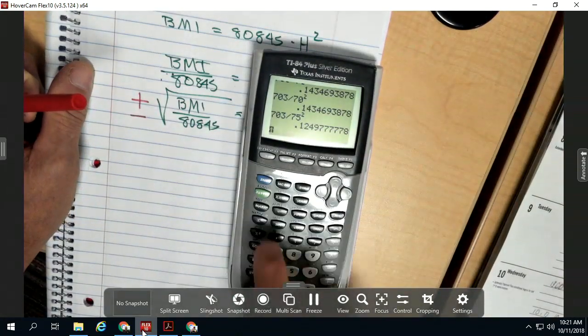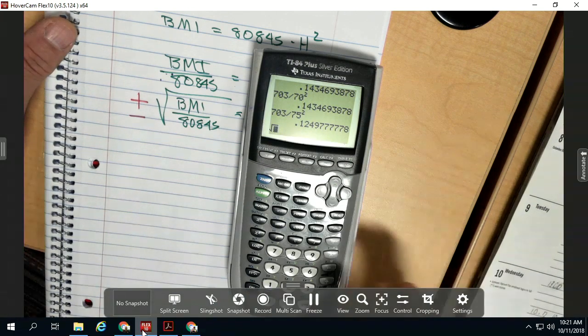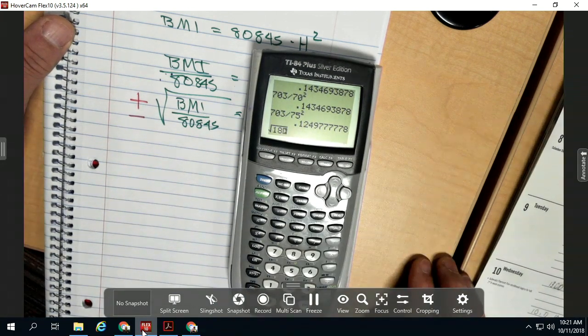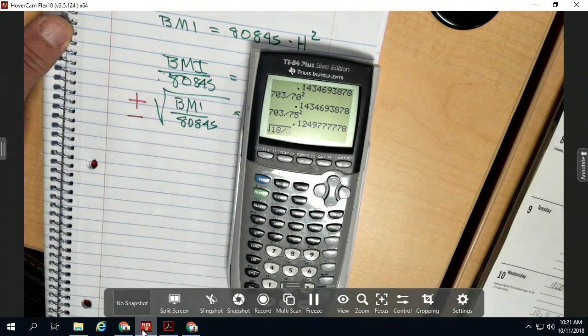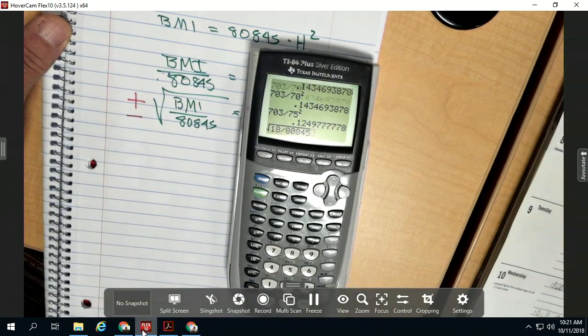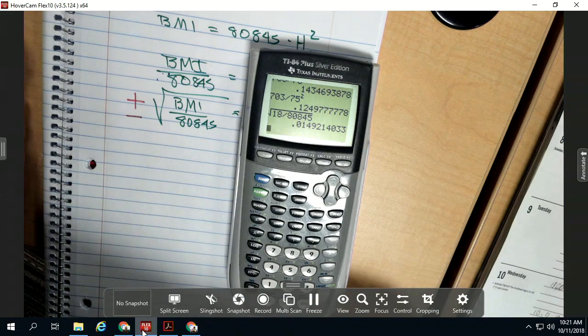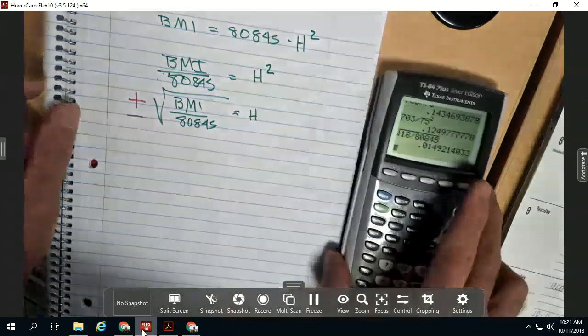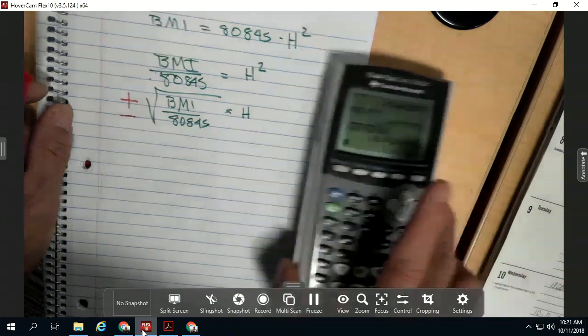Square root. 18 divided by 8084.5, and you get zero stress. Oh, this wasn't our original formula.